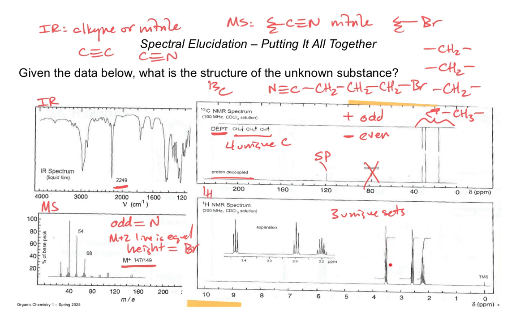If you measure the distance from top to bottom, like in millimeters, you get some value, but if you look at all of them, they're all the same height, right? And so essentially what that's telling you is the ratio between them is all the same. And we can already confirm from the carbon NMR that each of them has 2 attached hydrogens. So 2, 2, and 2. So 3 unique sets in a ratio of 2 to 2 to 2.